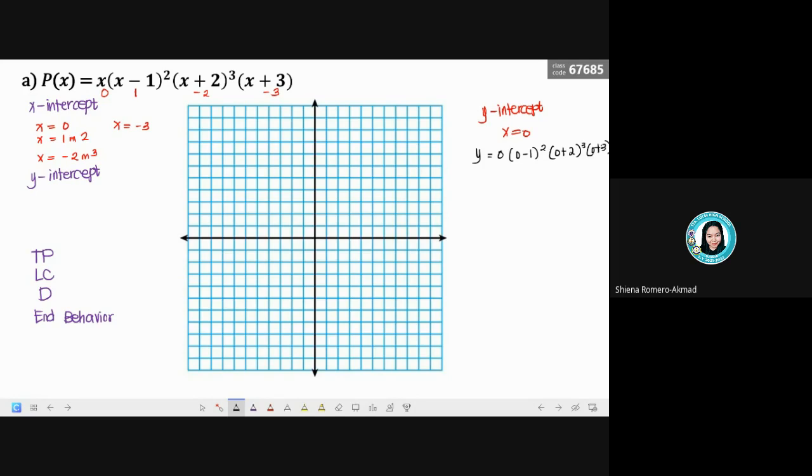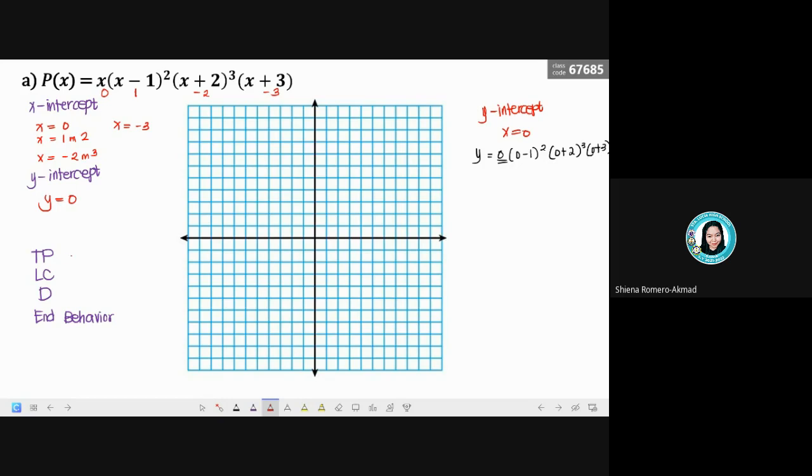So, dyan pa lang, makikita nyo na that since meron tayong one factor that is 0, magiging 0 na yung y. Okay, automatically, ganon. So, our y here is 0.